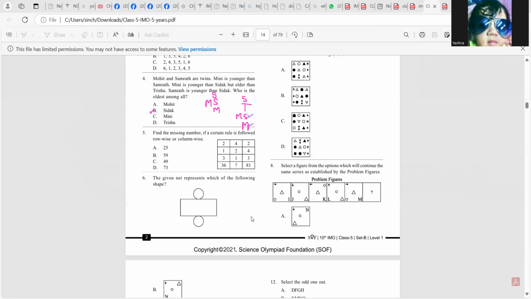Mini is younger than Siddharth but elder than Trishu. We don't know who Trishu is yet. So we'll leave that. Samrat is younger than Siddharth. So we'll put Siddharth above Samrat. Right here. Now we've got that Siddharth is older than Samrat.